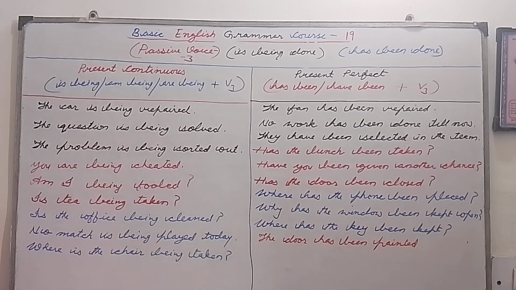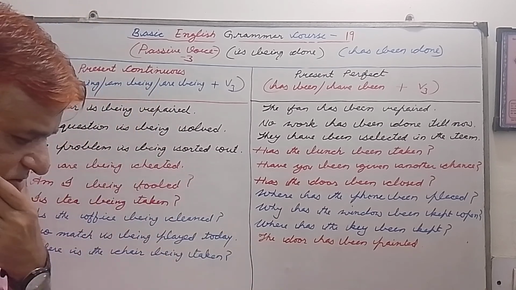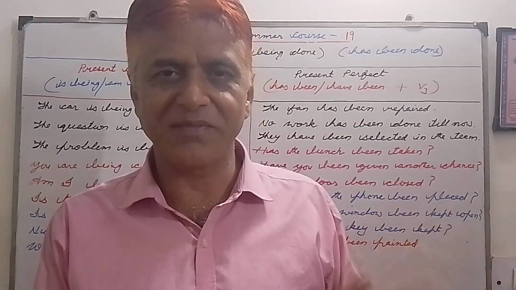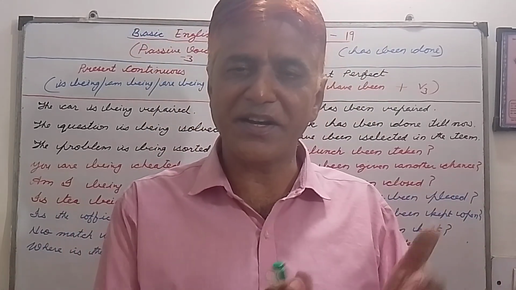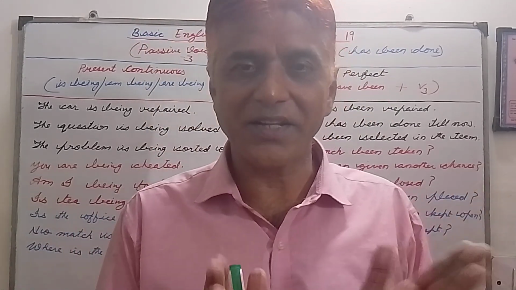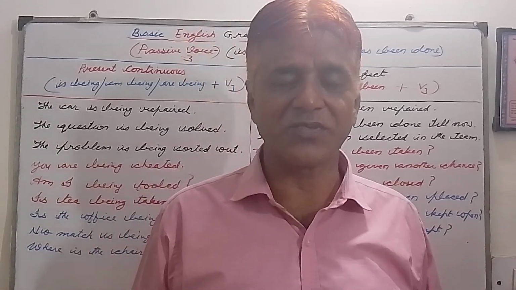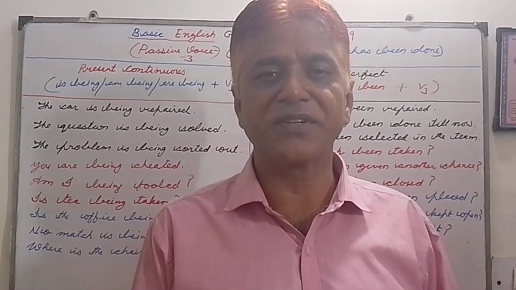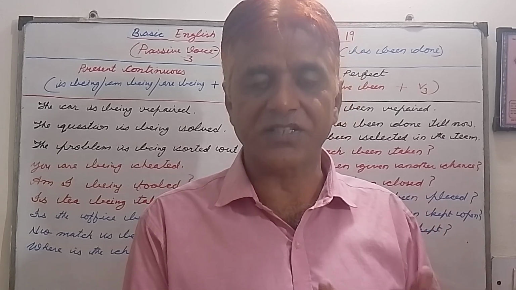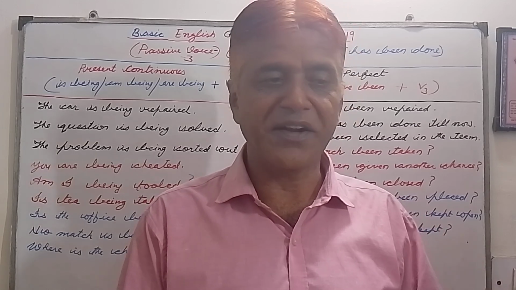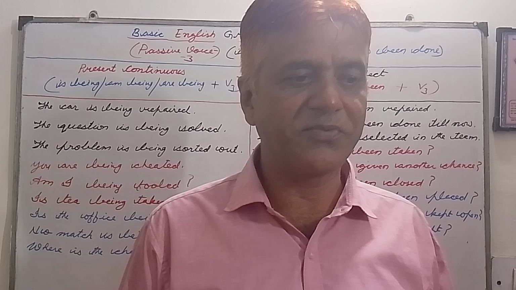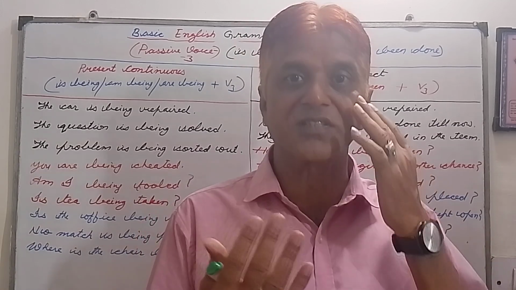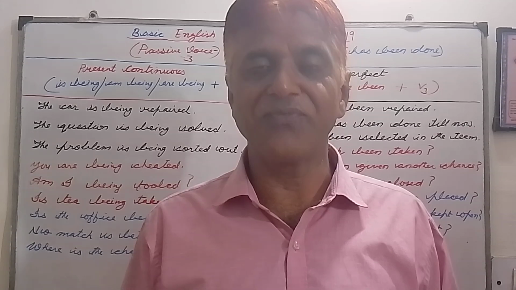Present continuous. Actually, let me tell you once again the basic difference between active voice and passive voice. We use passive voice when we are describing objects and things, and we use active voice when we are dealing with persons.